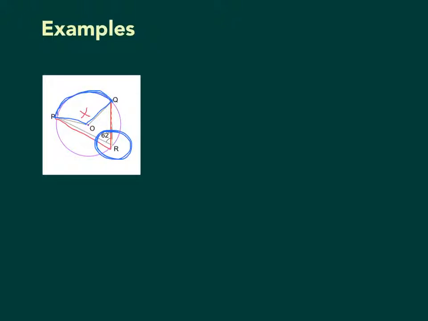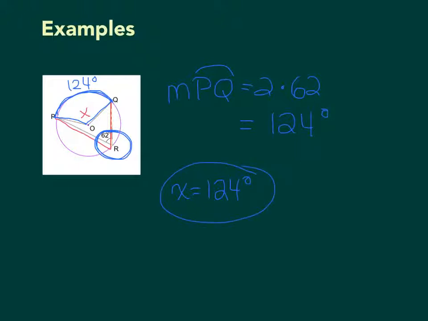So that means that the measure of PQ is 2 times 62, so that's 124 degrees. Now the other thing I know is that a central angle has the same measure as its intercepted arc. So I already know the arc's 124, so that means that the central angle is also 124 degrees.